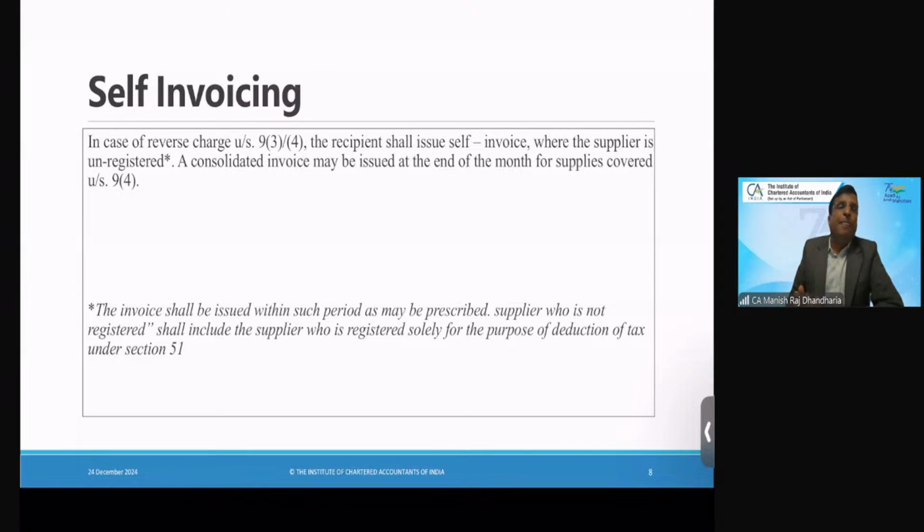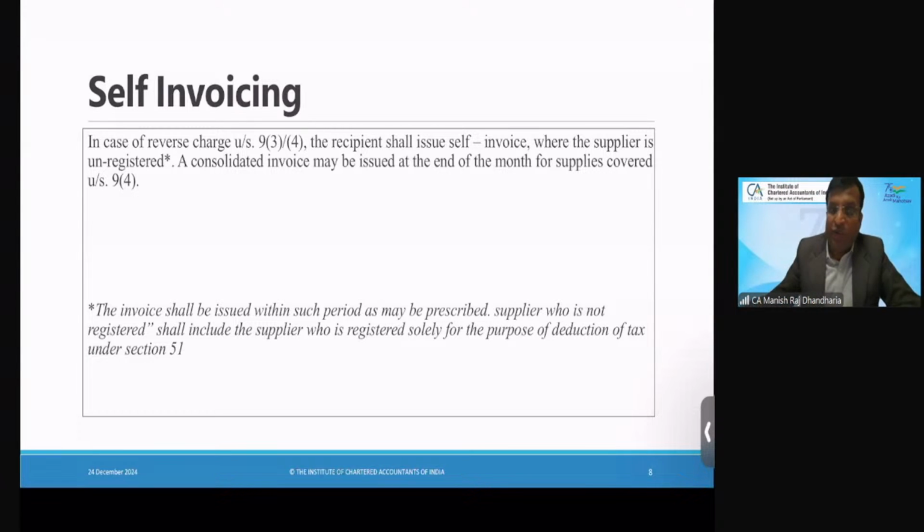Usually what happens, suppose I'm buying any goods from a supplier for rupees 100 and say 18 rupees is tax on that. So what I will do as a recipient, I will pay 118 to my supplier, और वो 118 में supplier will keep 100 rupees with himself and 18 rupees he will deposit to the government as taxes.